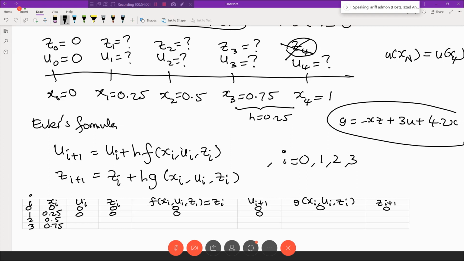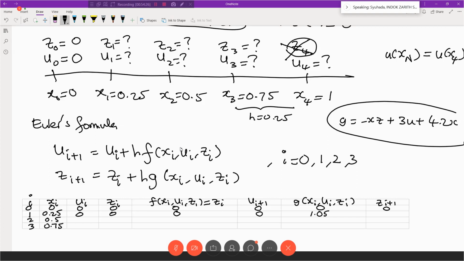So 4.2 multiply 0.25. What is the value here? 1.05.